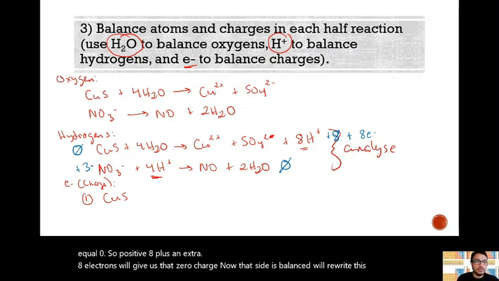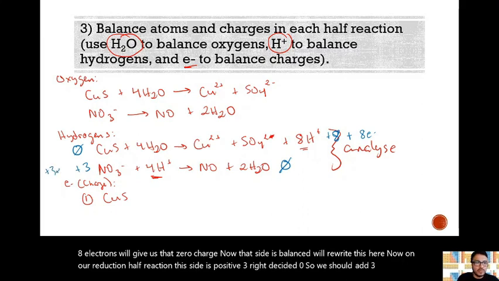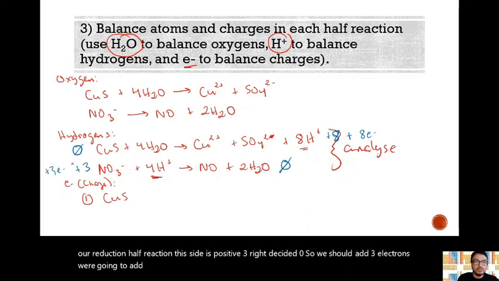Here now on our reduction half reaction, this side is positive 3. Right, this side is 0, so we should add 3 electrons. So we're going to add 3 electrons to this end, so that each side has the same charge.